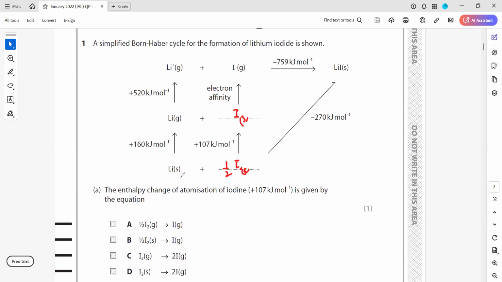Where the two arrows are pointing out, that is the start of the cycle. Where the two arrows are pointing in, that is the end of the cycle. So if I follow route 1 or route 2, the overall energy change is independent of the route or the path we follow.